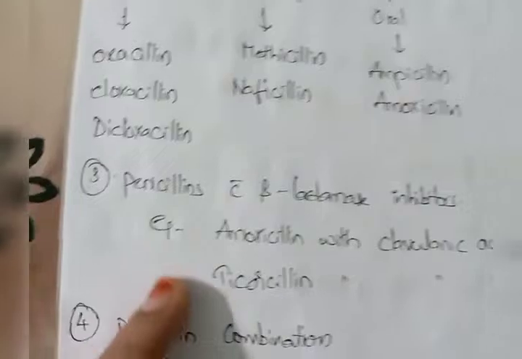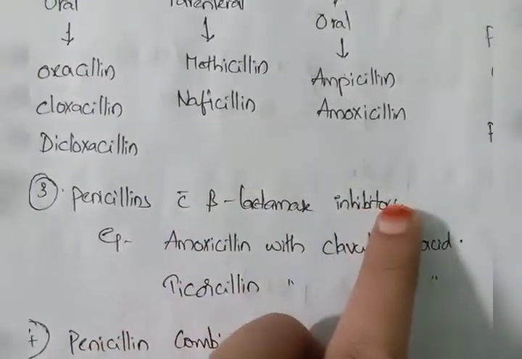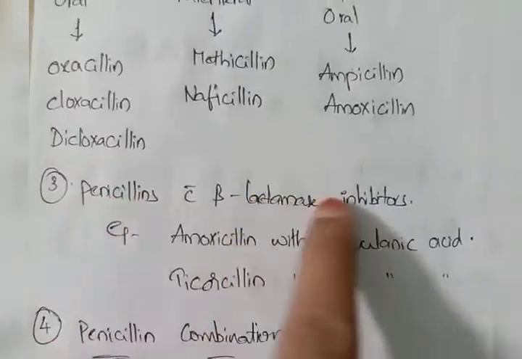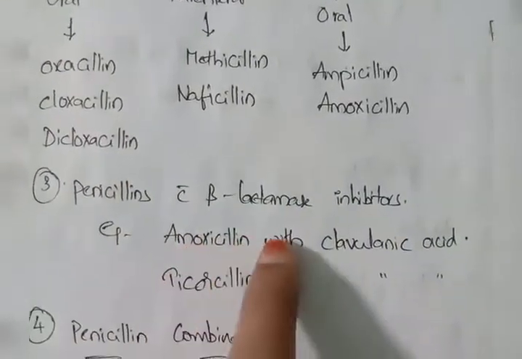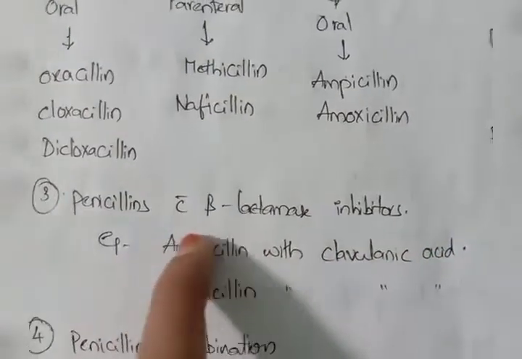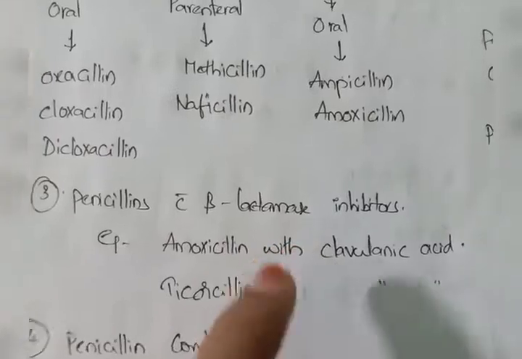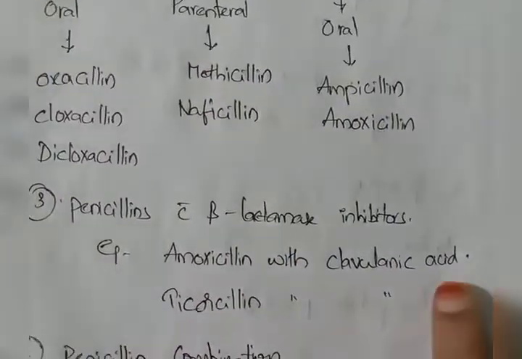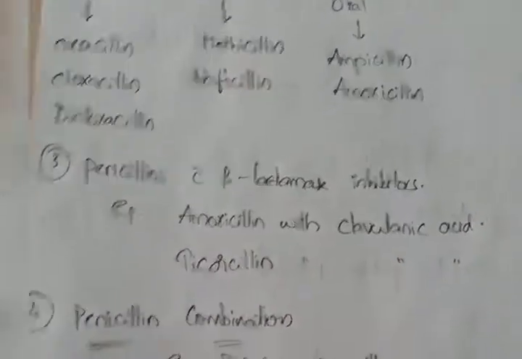Okay, next coming to the penicillins with beta-lactamase inhibitors. We are giving a combination: amoxicillin with clavulanic acid. This is the major drug we are going to use for kids. We have syrups in combination with clavulanic acid. Ticarcillin with clavulanic acid.